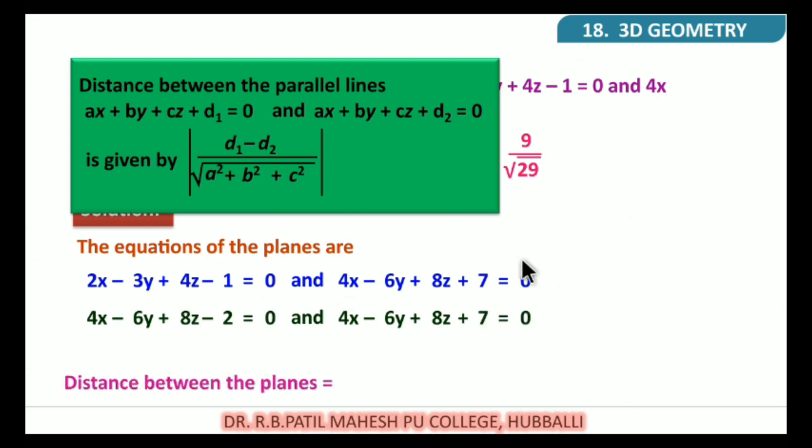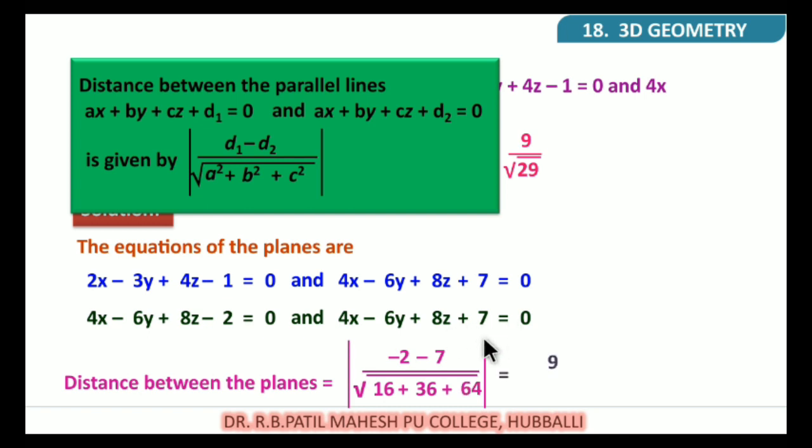Now the distance between the parallel planes is given by the modulus of -2, because whether you take this as d1 and that as d2 or the other way round, you can take it either way. So we have -2 minus 7, that is d1 minus d2, divided by the square root of 4 square, 16, plus -6 square, 36, plus 8 square, 64.